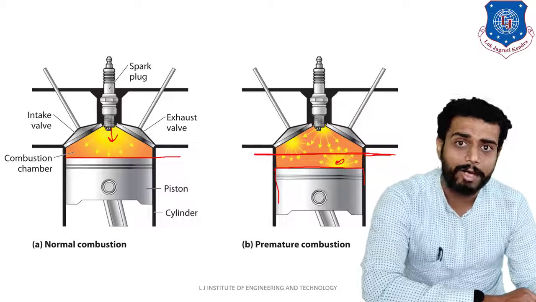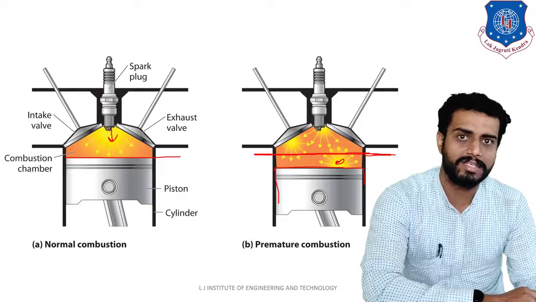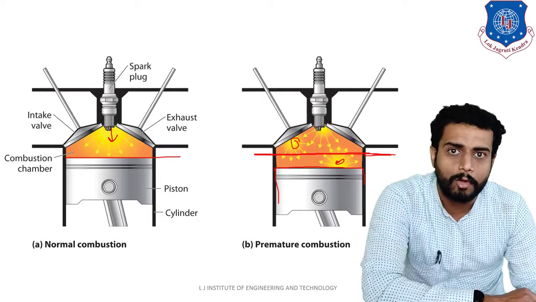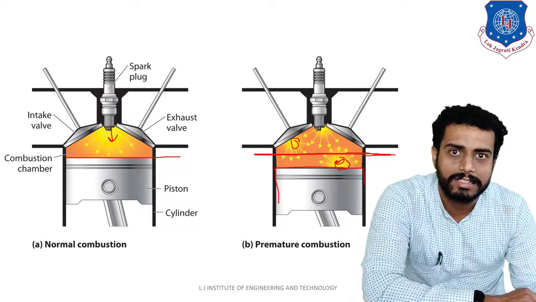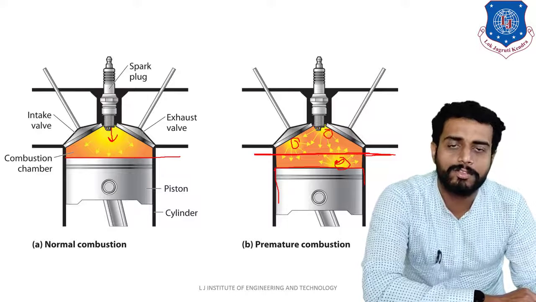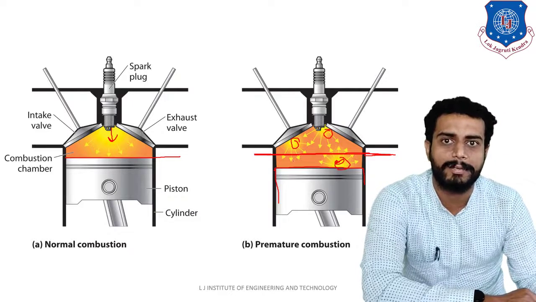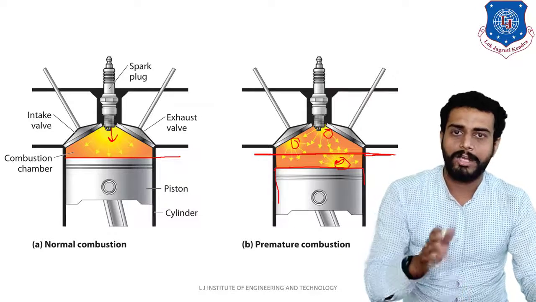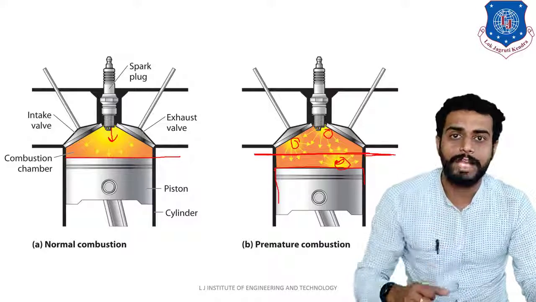Is that advantageous? No, that is not advantageous, because small pockets of combustion, you can see these yellow colors, will take place at different places. That is inappropriate, unorganized combustion.